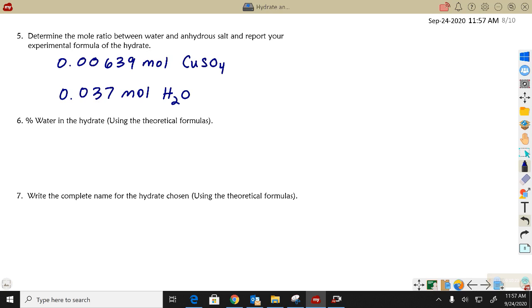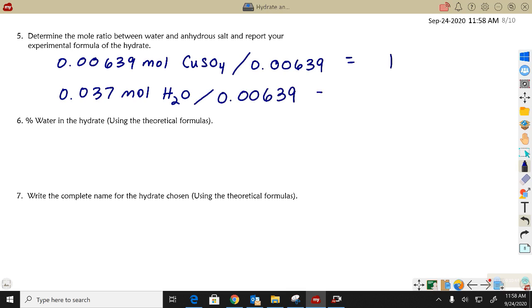Okay, I'm going to divide it by the smallest. So that would be the copper sulfate, 0.00639. And for sure I'm going to get a 1 here, right? Okay, so far so good. Now we divide this guy by the same.